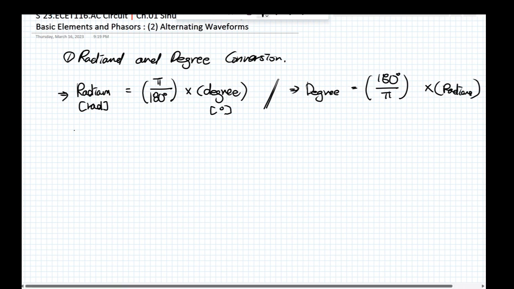So to find and analyze the sinusoidal waveform, we need to know the concept and should have the capability to make conversions between radians and degrees.